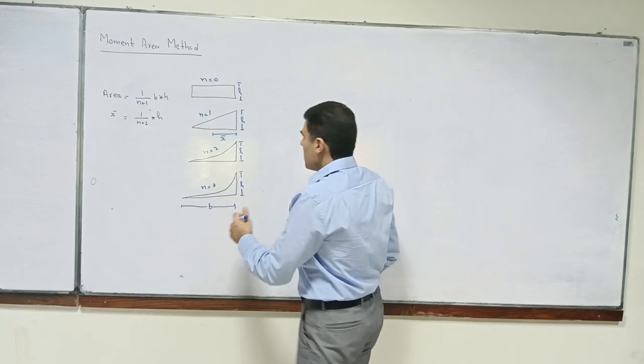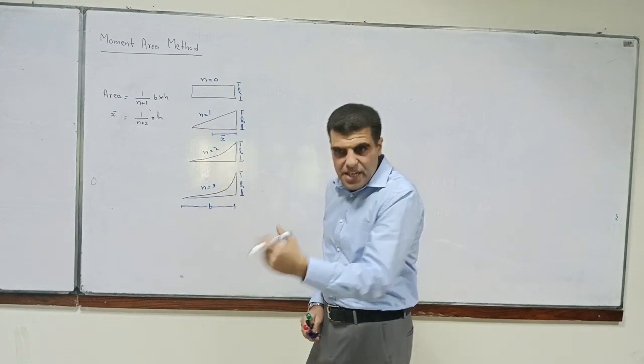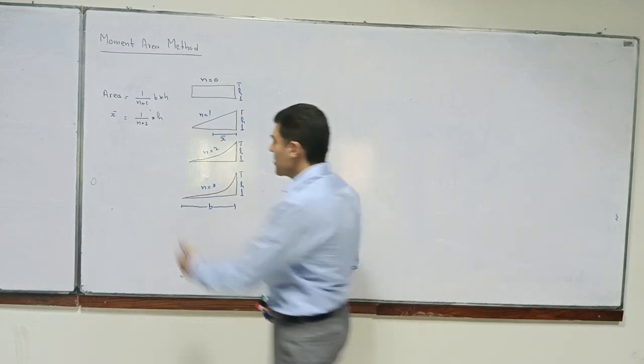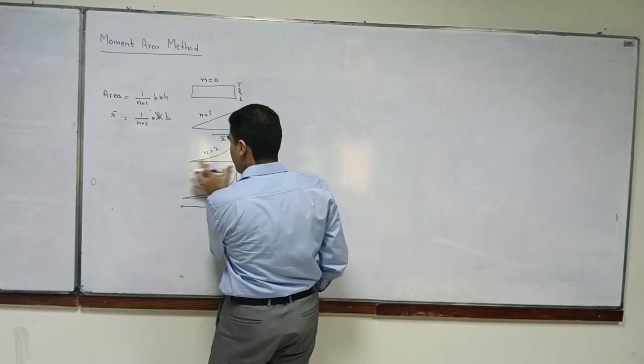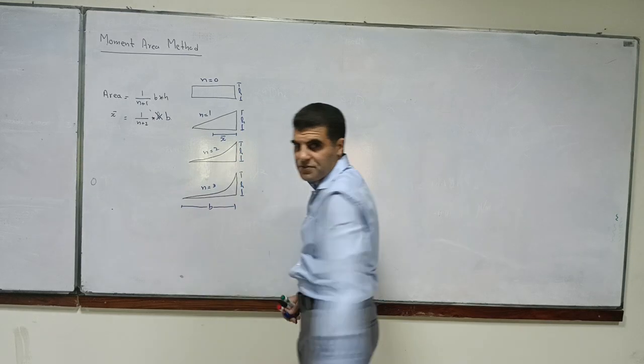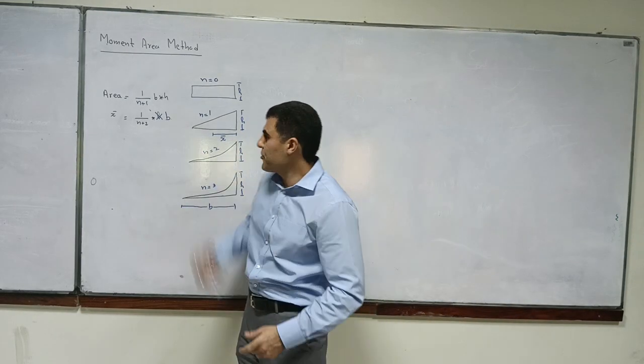So that is your x bar. So x bar should be h or b? It should be b, obviously. So this is not correct. This is b because this is the centroid. It gives you the centroid of this area, and so x bar is b.